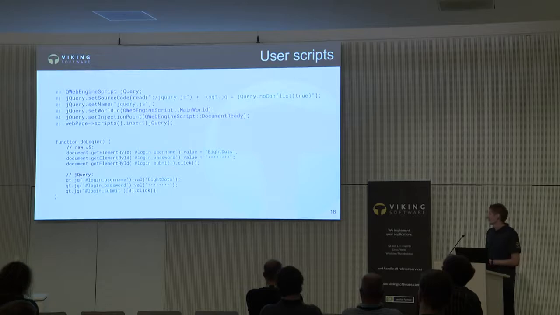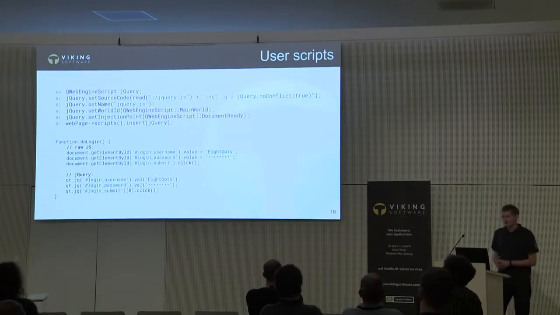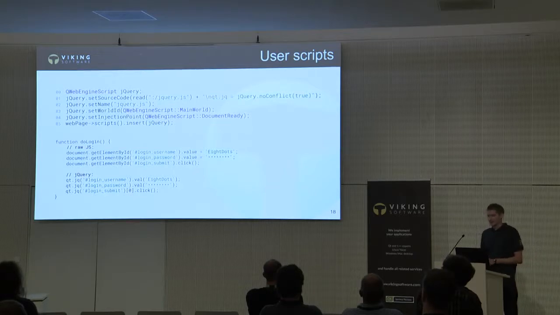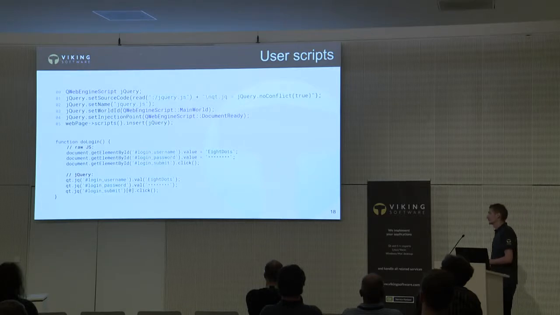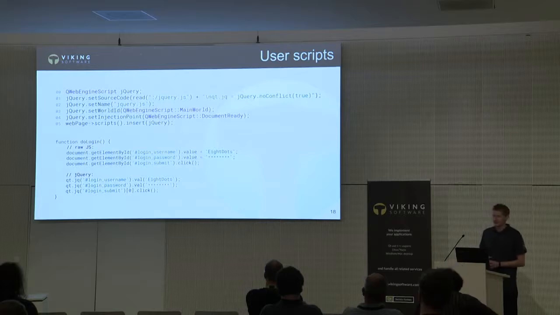It could be document ready, it could be document creation, or a flag called deferred, which mixes both of these plus some timings. Now, when the script is filled with data, it can be inserted into the collection of scripts related to this page, and then, when the data is loaded, we can just invoke JavaScript functions.